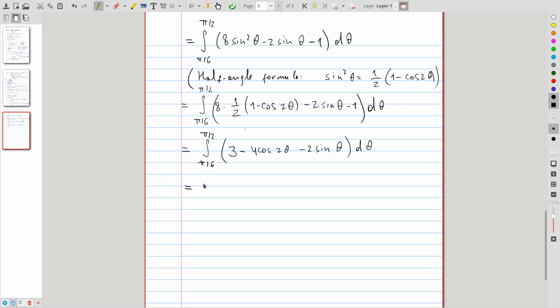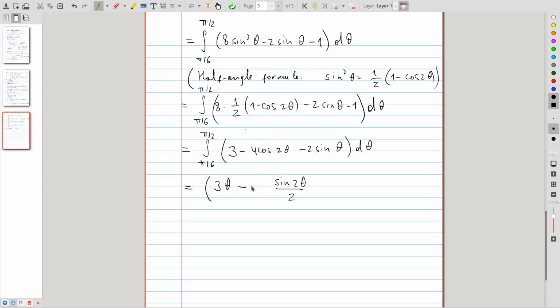We'll obtain 3 theta minus, okay, so the antiderivative of cosine of 2 theta is sine of 2 theta over 2. So if you take the derivative of this expression, it gives you precisely cosine of 2 theta.